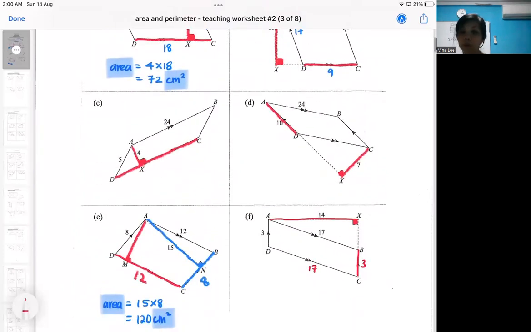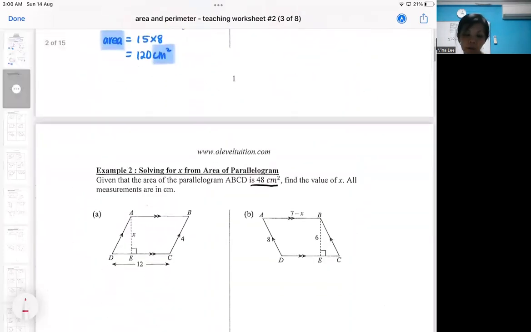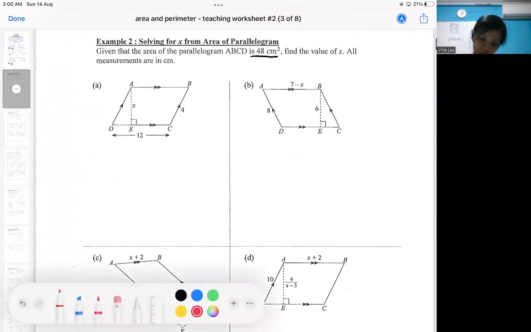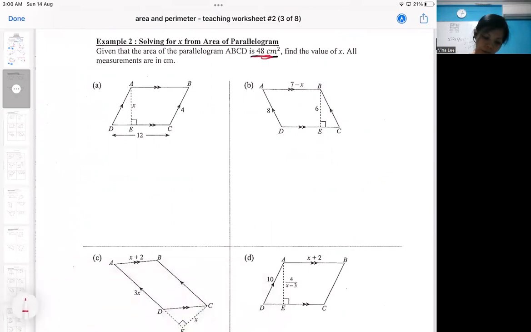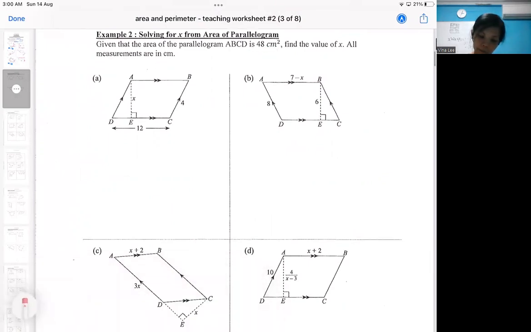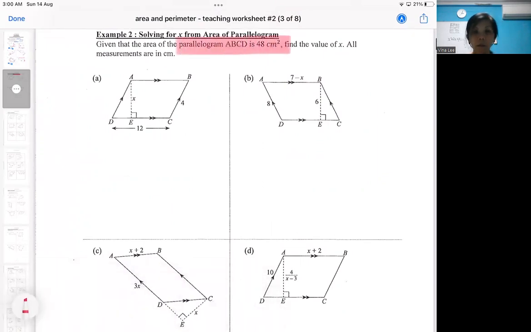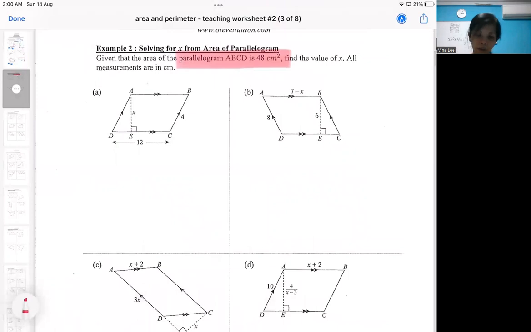So later on, please try to finish off this page. So how are we going to solve? The same thing happens. For this question, we know that the area is 48.